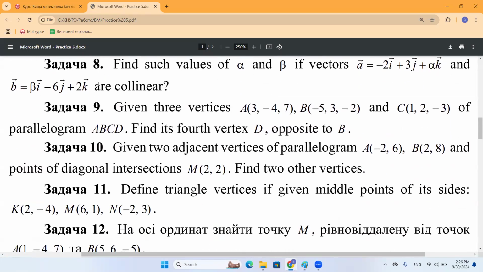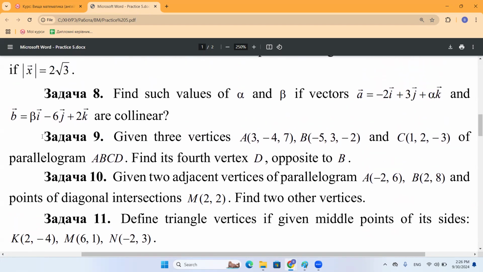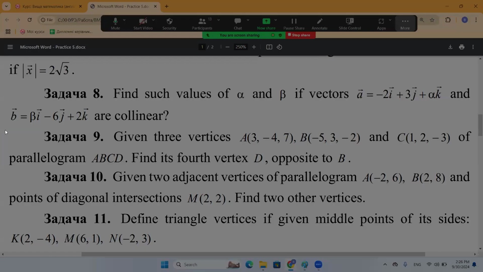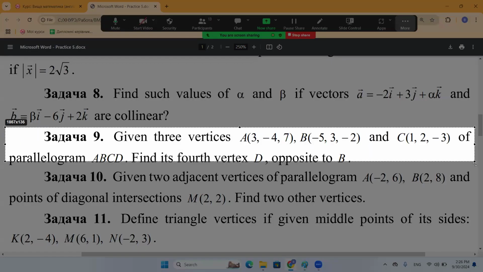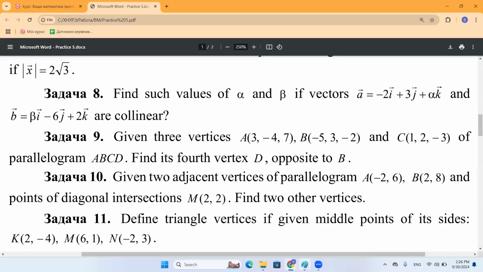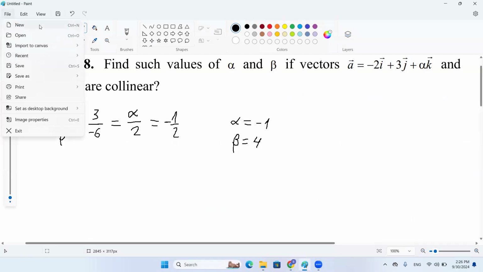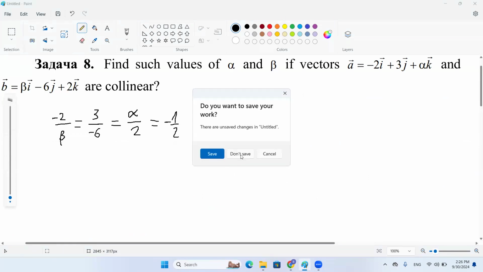Okay, now let's solve exercise 9. And by the way, who remembers the formula of finding? Oh no. Firstly, please answer me how to solve, and then you will answer the question.